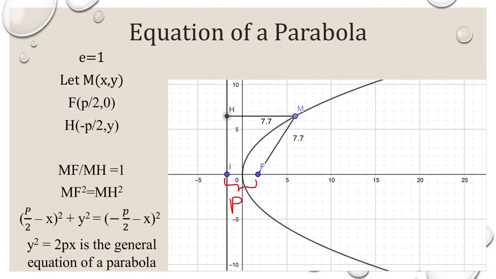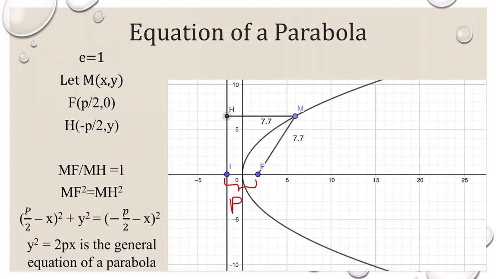Let's study this parabola. In order to study the parabola, we need to find its equation. First, let's remember what an equation is. An equation of anything, of a line, of a circle, of a conic, is the relation between the coordinates of a point.